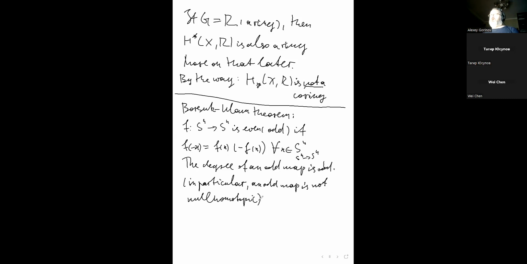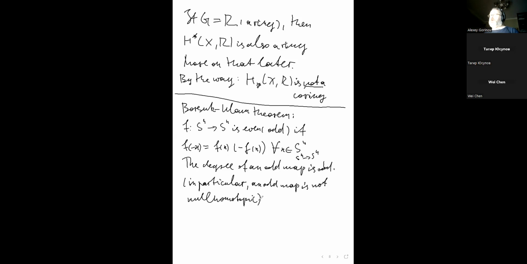And this theorem is probably second only to Brouwer's fixed point theorem in the number of applications it has in various parts of mathematics, which have nothing to do with topology.